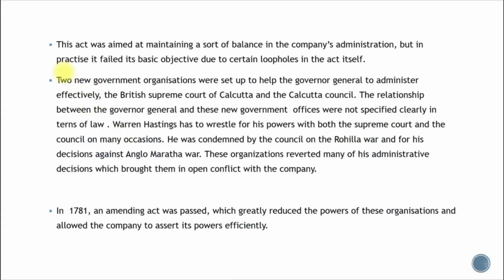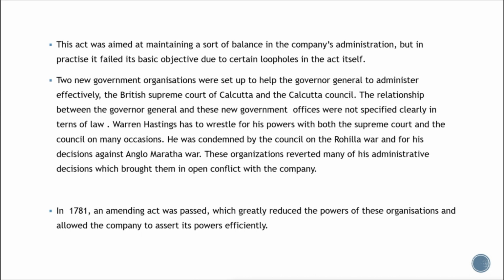These two new government organizations were set up to help the Governor General to administer effectively: the Supreme Court of Calcutta and the Calcutta Council. The relationship between the Governor General and these new government offices was not specified clearly in terms of law. You need to understand, new institutions were created by the British Parliament, but there was no clarity in terms of law. So they often encroached on each other's area.